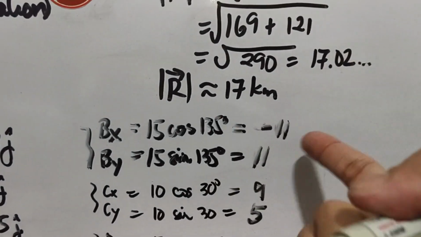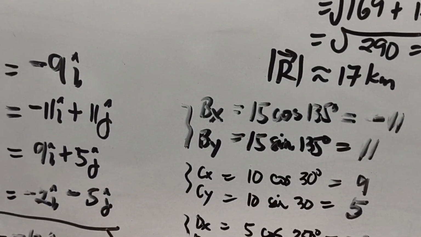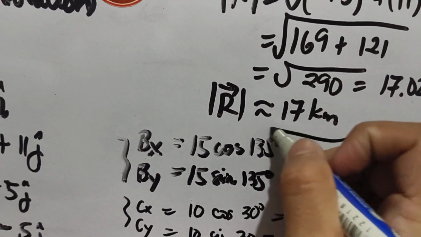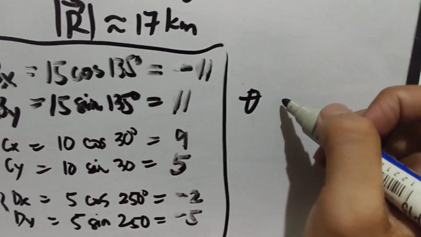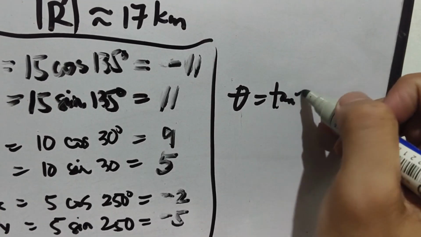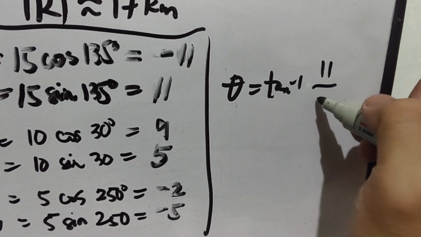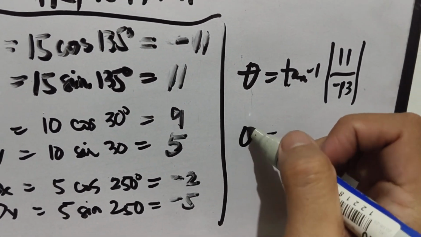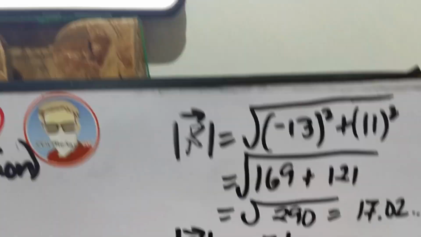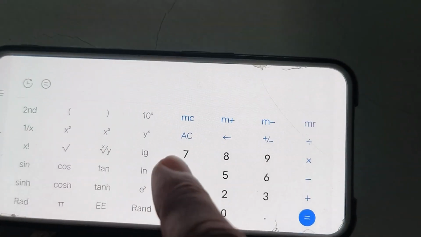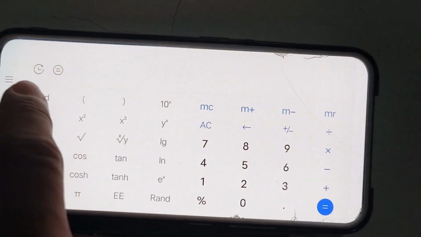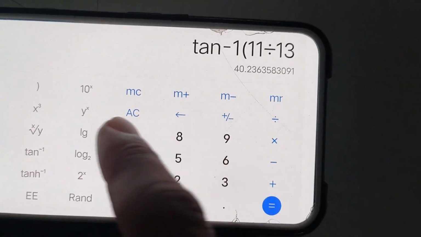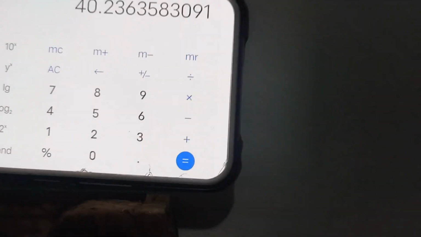And we can also calculate the angle using theta, 11 over 13. Theta is equal to shift tangent of 11 over negative 13, absolute value. It will also give you the angle. So let's compute. Shift tangent of 11 over 13 is 40 degrees.